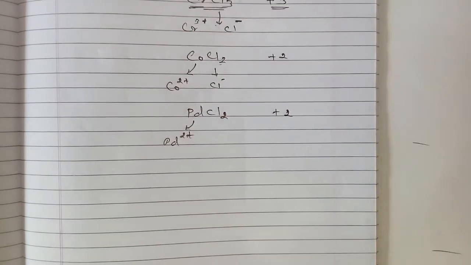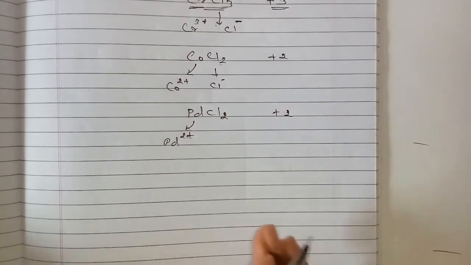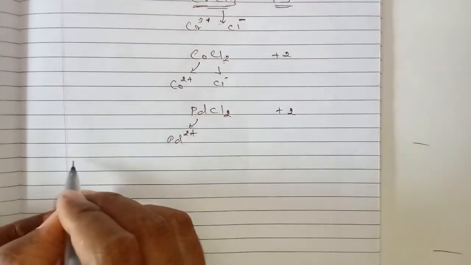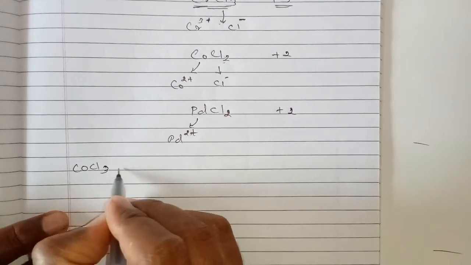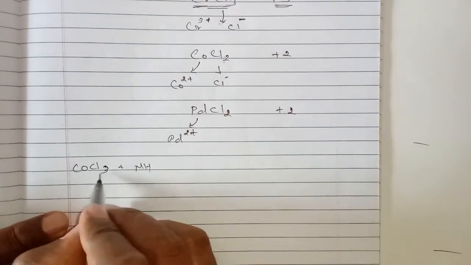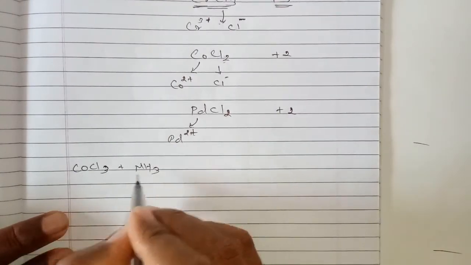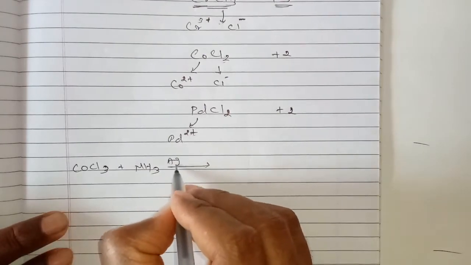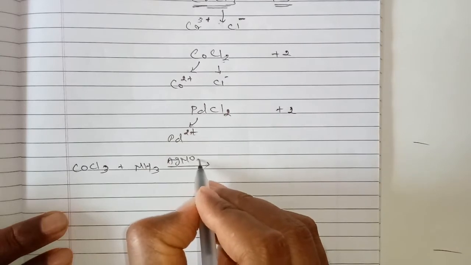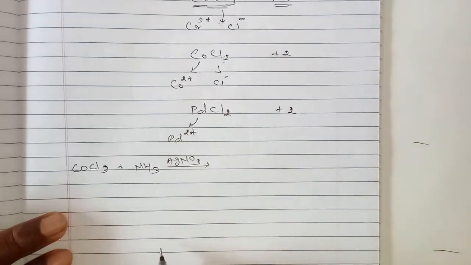Now based on the experiment: in cobalt chloride some amount of ammonia is added, and then silver nitrate is added.